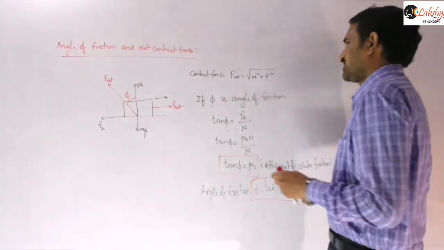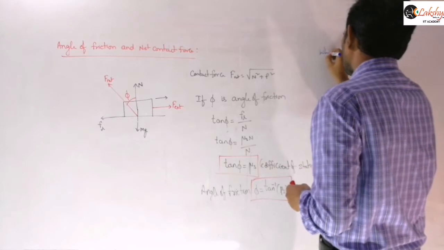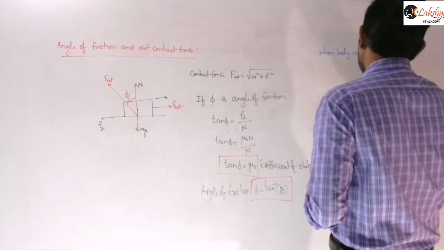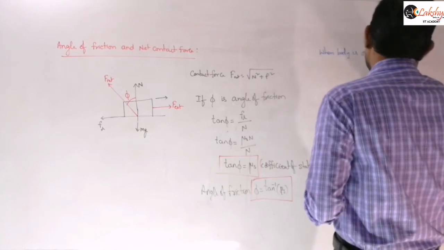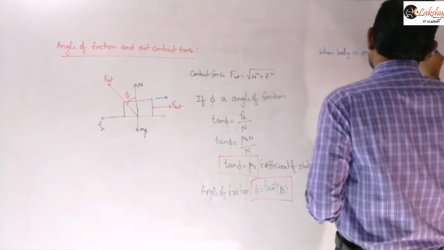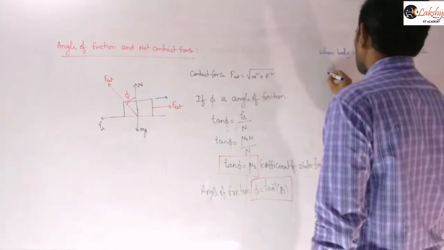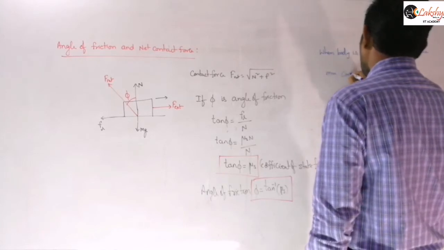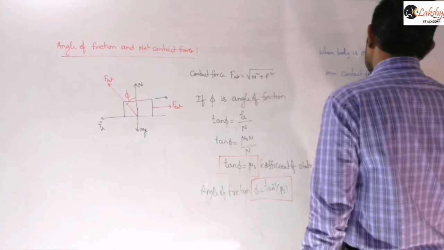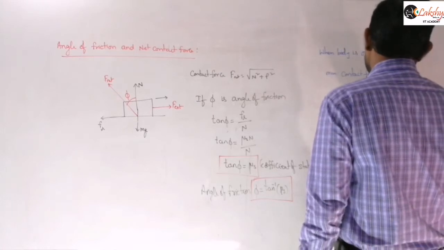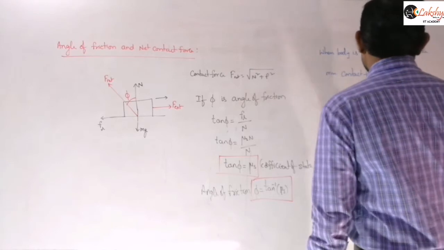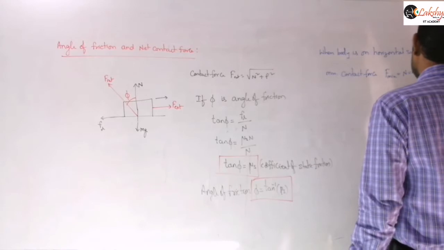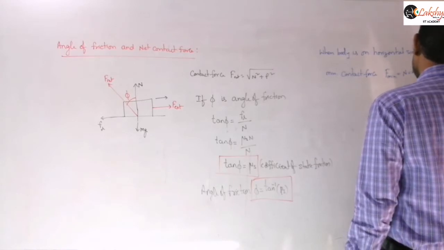So when the body is on a horizontal surface, the minimum contact force will be F minimum equal to N, which is equal to mg, when the friction is 0.